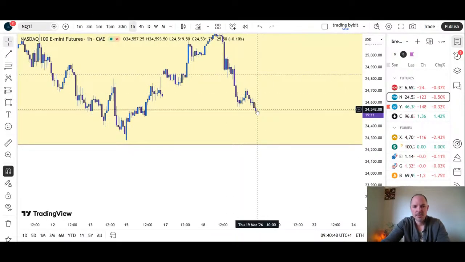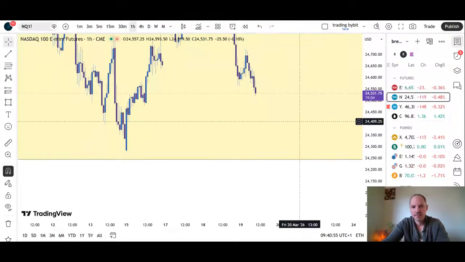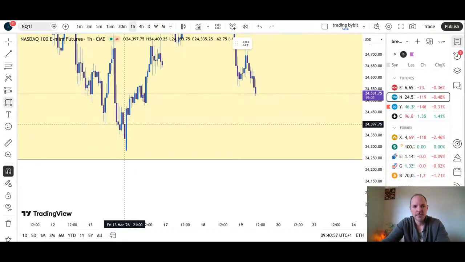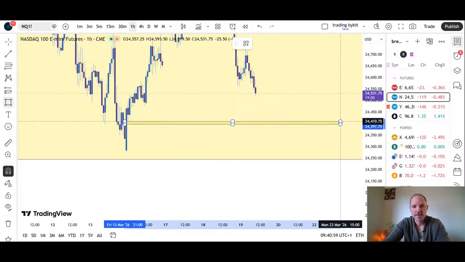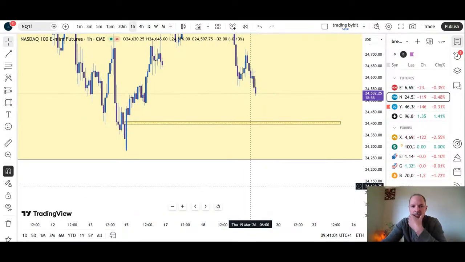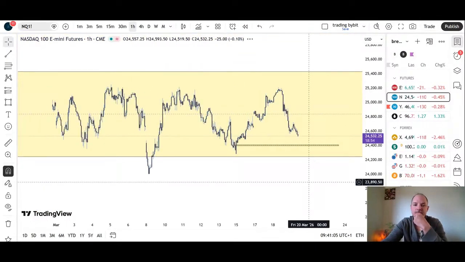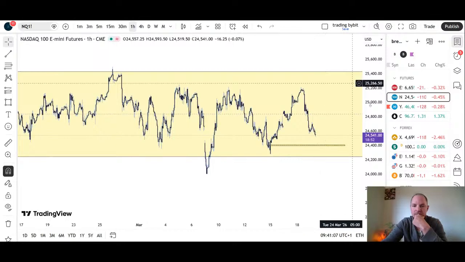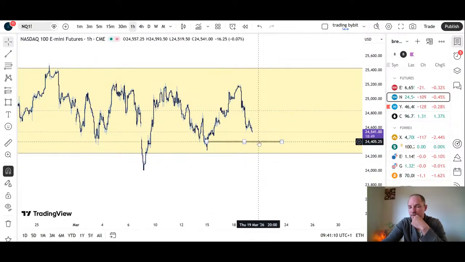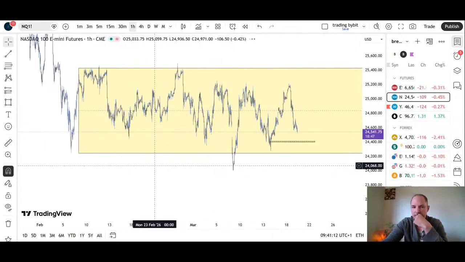So here it looks like we are dropping further down. We could go to 24,001. There's a small daily, a small 1 hour value gap that's untapped, so we could drop to this level. But here we're just ranging, so anything below 50%, we can easily just go back up.